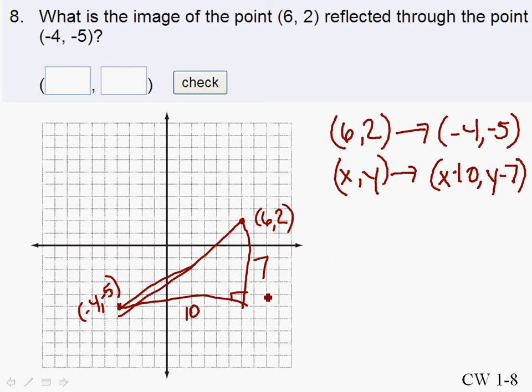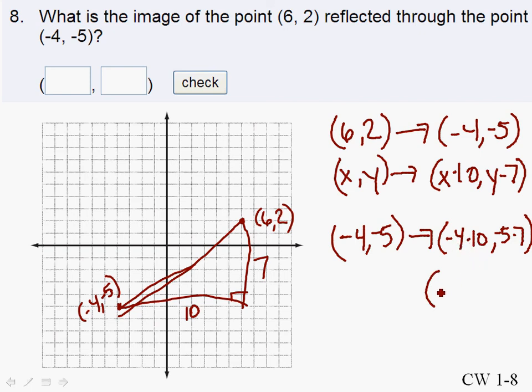So I went back 10, a change of negative 10, and down 7, a change of negative 7. So now if I have negative 4, negative 5, my reflection, doing the same thing, would be negative 4 minus 10, negative 5 minus 7.